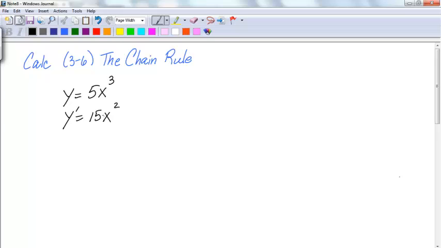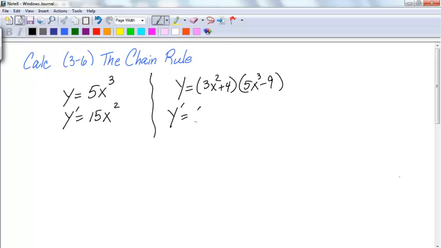Then we did the product rule. Remember, the product rule was you have to look for two quantities that are multiplied together. If they had something like this, the product rule says leave the first quantity the same times the derivative of the second, which would be 15x squared.